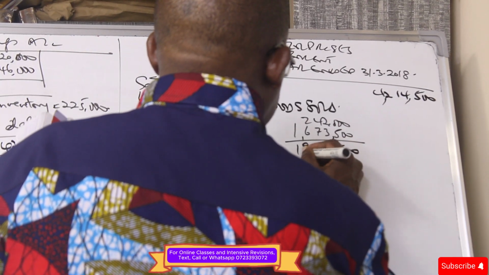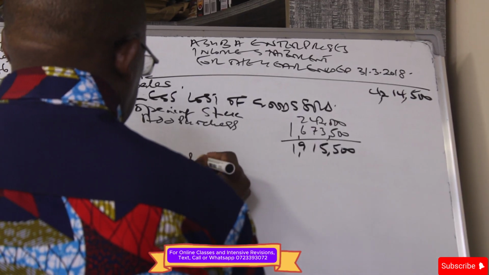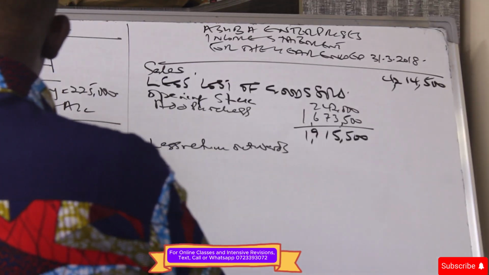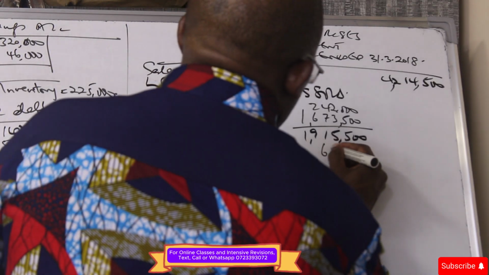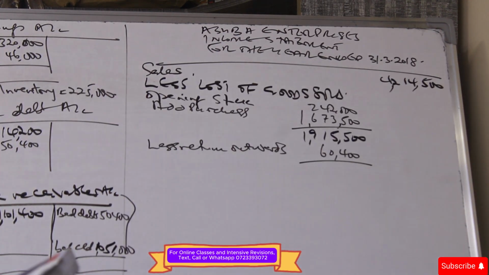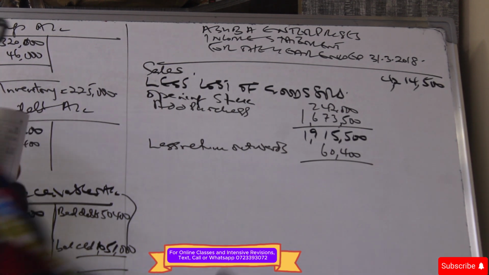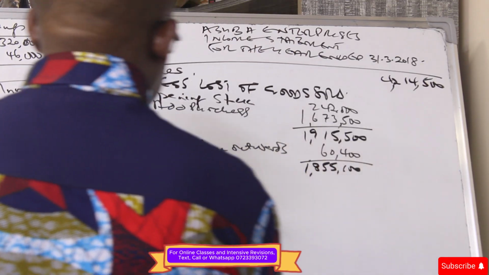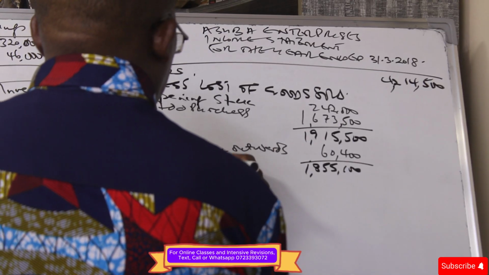We have returns outwards, or purchases returns. And we said that the purchases returns are 6,400 from the trial balance. 1,915,500 minus 60,400, we get a figure of 1,855,100. This is cost of goods available for sale.